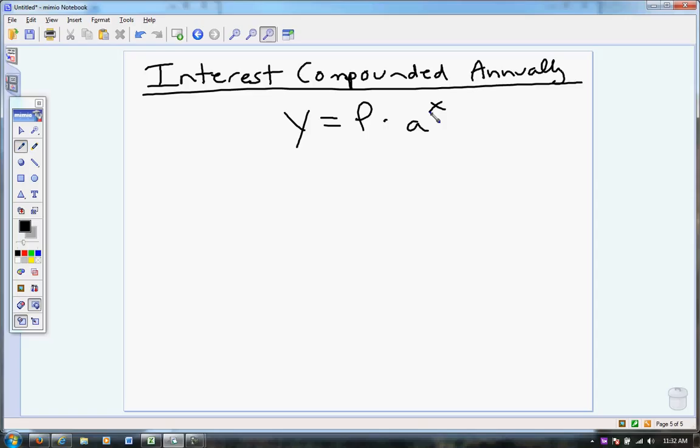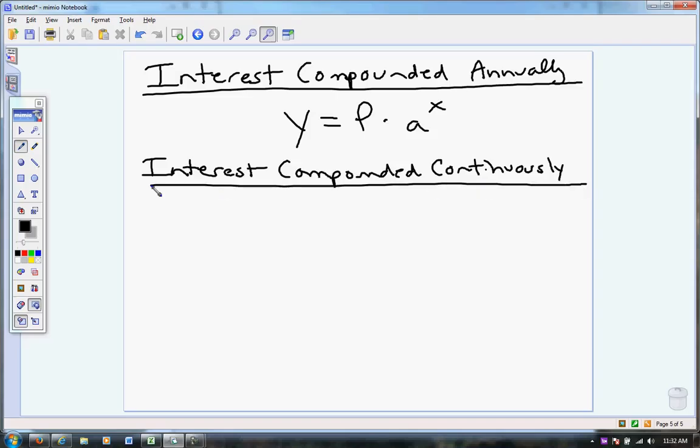And then for interest compounded continuously, it would be y equals p times e to the rt. Okay?